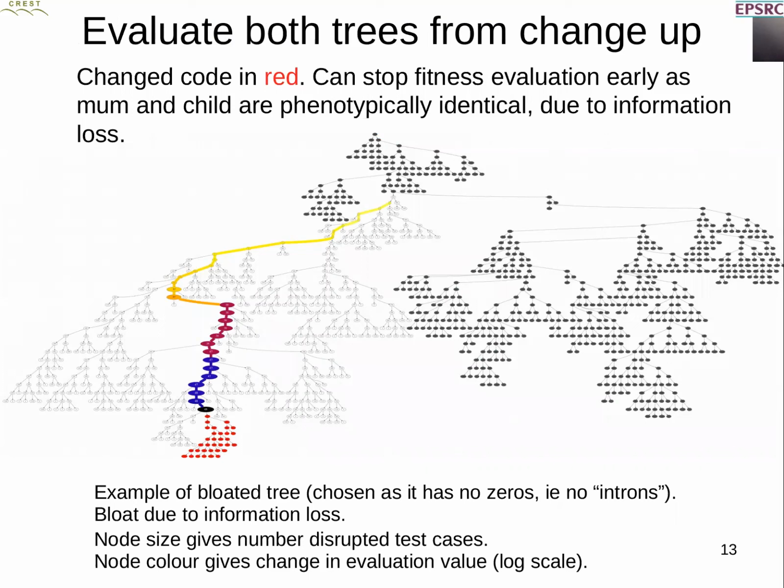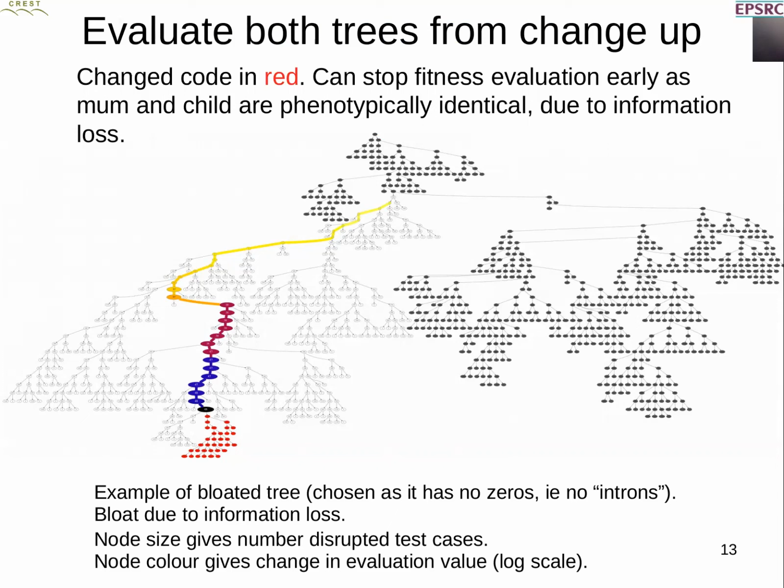So here we have an example. At the bottom, the red subtree is new code that's been inserted into this large tree. In the chain in color, the size of the nodes indicates how many test cases have been disrupted, and the color of the nodes indicates the amount of disruption in terms of RMS difference.